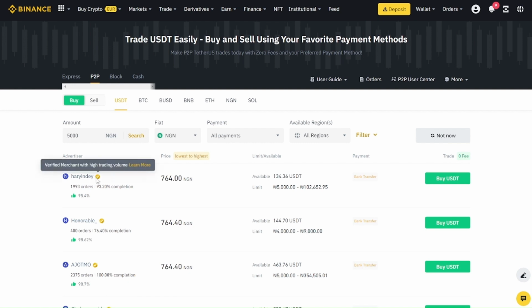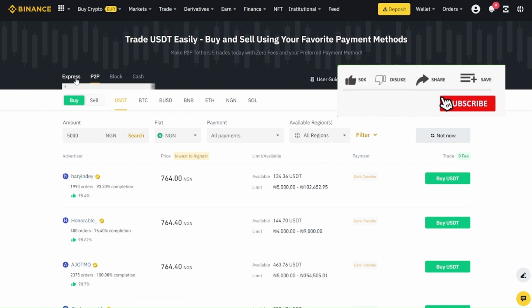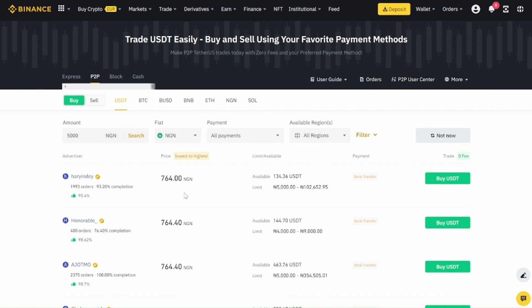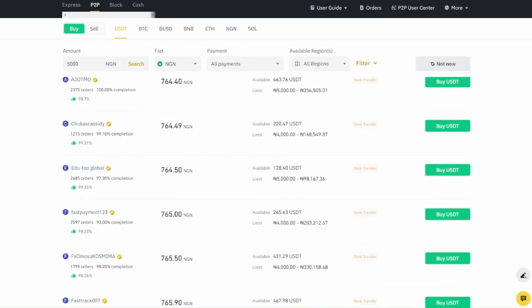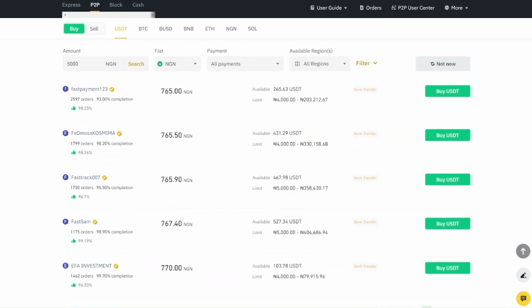And remember I said if you are a merchant on Binance, you see verified merchant, you have high trading volume, because Binance is going to randomly allocate a buyer to you. Because if you check this express right here, if you just want to trade with people that are professional, you just have to come over here and press the amount of token you want to buy, and Binance is going to randomly select these merchants for you to buy from.